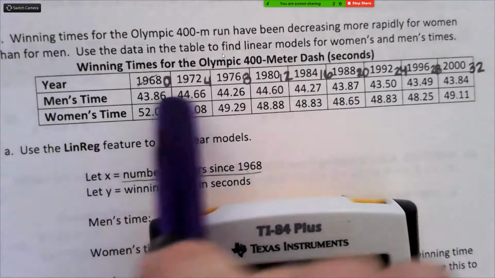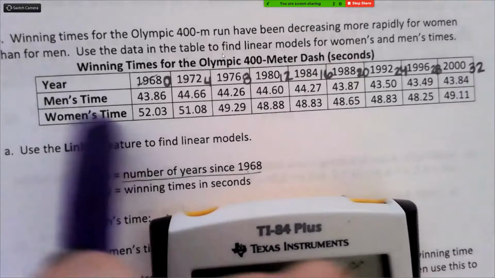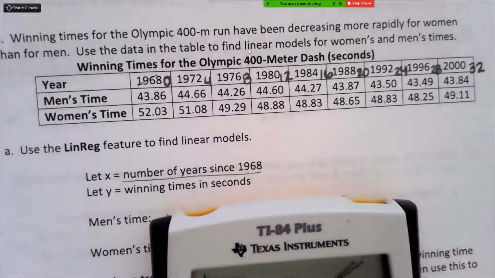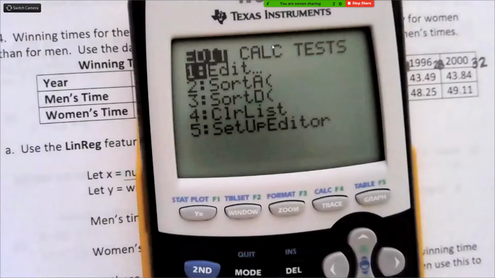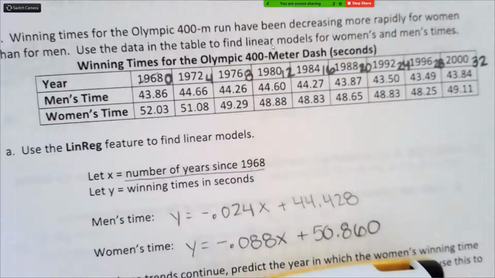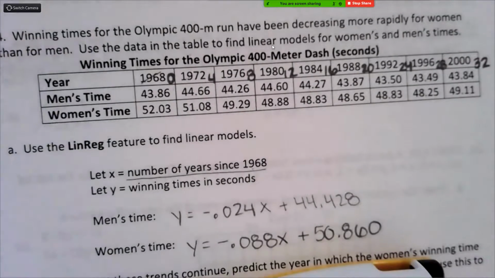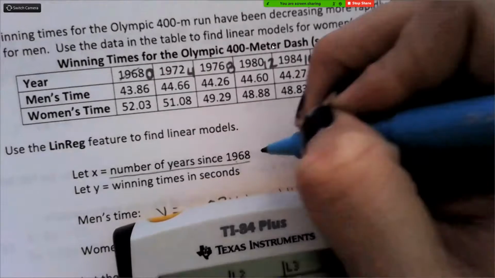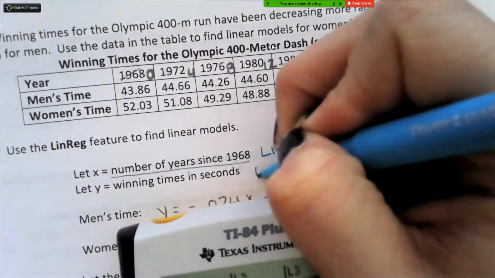And then what we're going to do is compare the men's times to the women's times. So you're going to go back to your table, back to edit. X is always related to L1. So X is always L1 and Y is your L2.